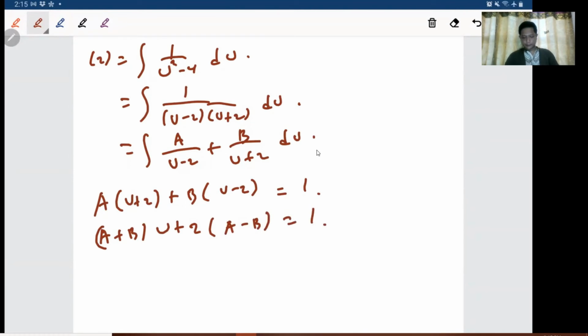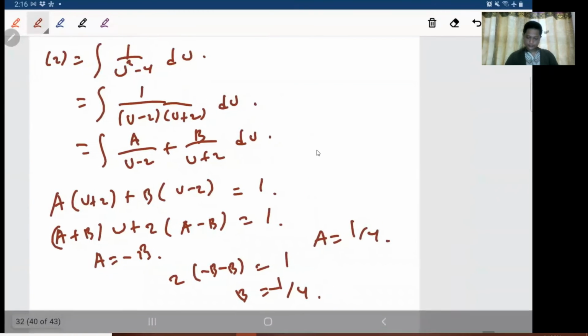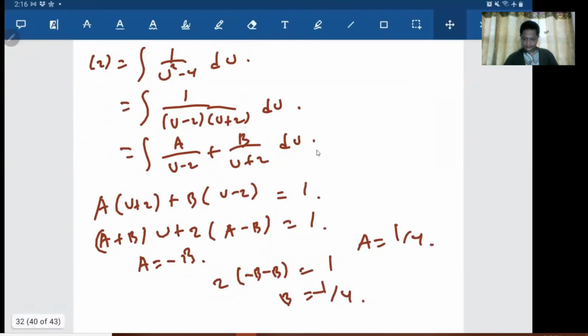So A plus B is equal to 0, so A is equal to minus B. And if A is equal to minus B, I have 2 times minus B, so minus 2B, so B should be minus 1 over 4. So A should be 1 over 4. Should be fine.